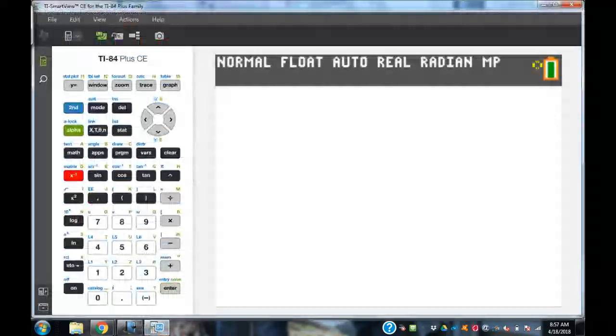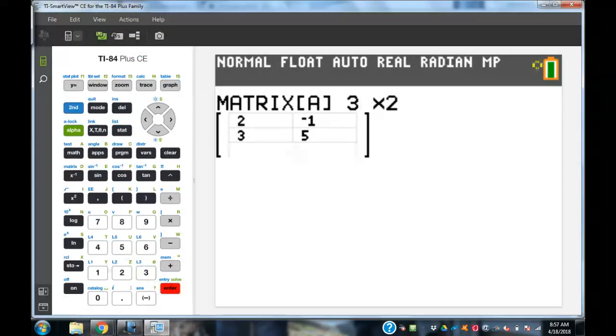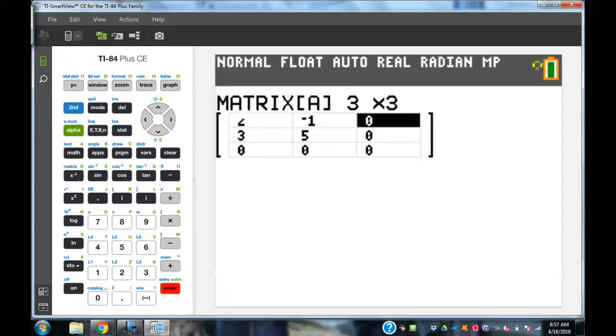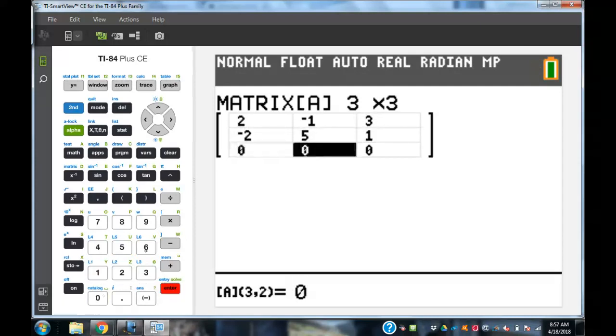Second matrix, edit. Let's go to a 3 by 3. 2, -1, 3, -2, 5, 1, 0, 6, -9.